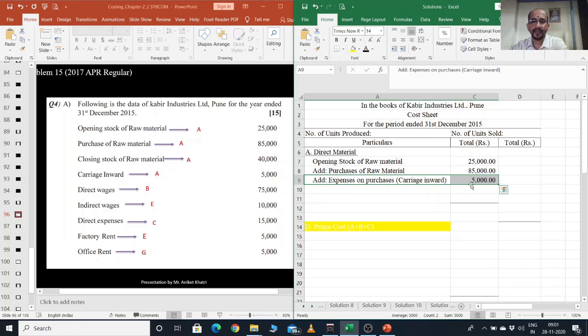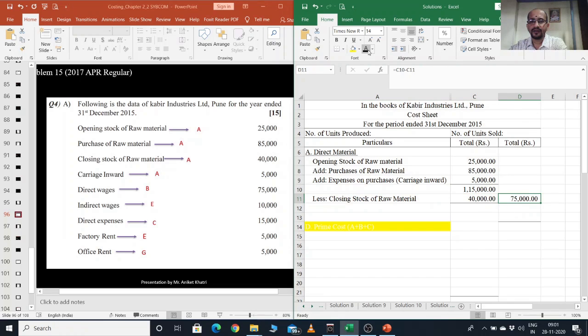Do the total, that is 1,15,000, and minus the closing stock from this, that is 40,000, which is mentioned again over here. Do the final total, that is 75,000. This is our direct material consumed.